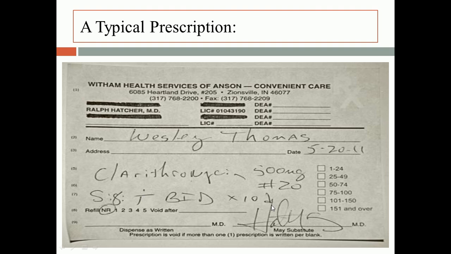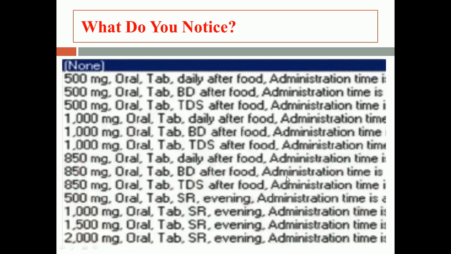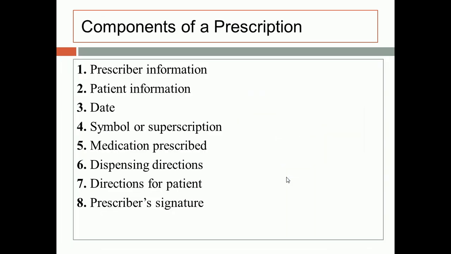For example, that is for 10 days. How many? 20. And there is no refill. Then there are milligrams, which tablet. So these are the dispensing directions. Then the directions for the patient, how many tablets he has to take. Then the prescriber's signature. Without signature, no document is valid.